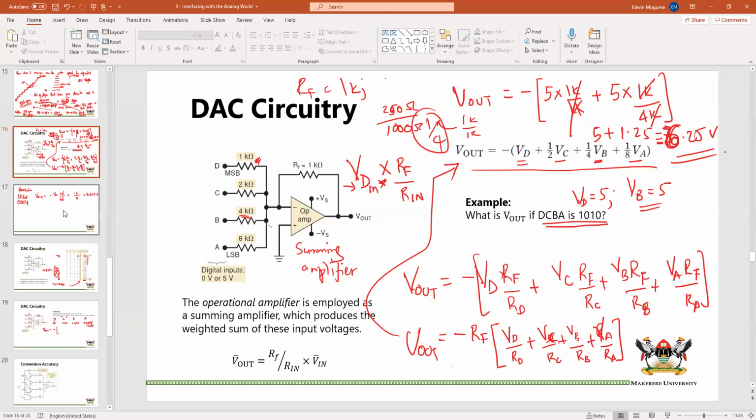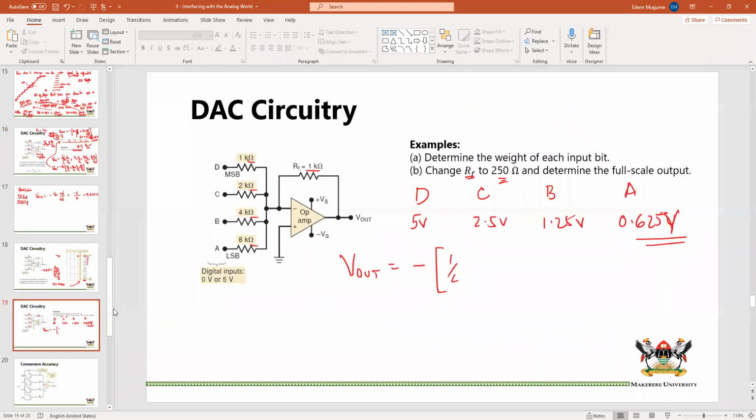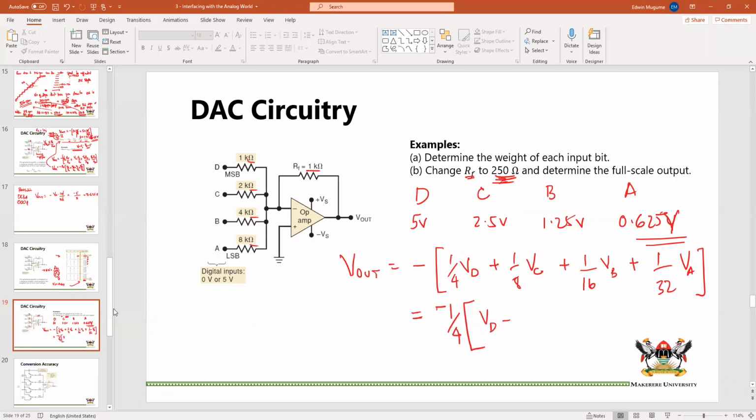We multiply by a quarter throughout, which gives a quarter VD plus 1/8 VC plus 1/16 VB plus 1/32 VA. This is a new case if we change it to that scale. So that means we have negative 1 over 4 times VD plus a half VC plus a quarter VB plus 1/8 VA.